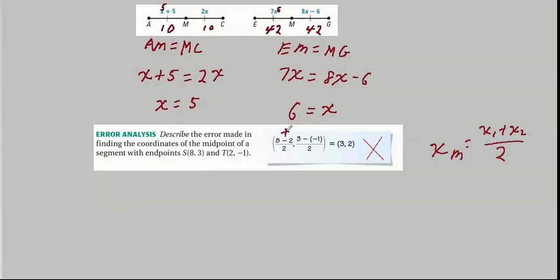This should have been a plus, and this should have been a plus. So the actual answer would be 5. That would be 8 plus 2 over 2 is 5. And this here, well, this is 3 plus a negative 1, which is the same as 3 minus 1. That's 2 divided by 2, and that's 1. So the midpoint of these two is actually the point 5, 1, definitely not 3, 2.